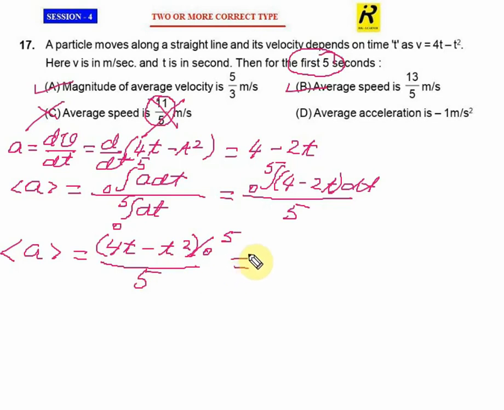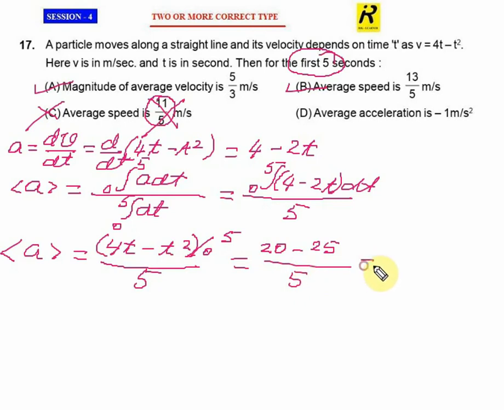Further, there is no need of bothering about the lower limit. There is only the upper limit that should be taken into consideration. When I put 5 for t, this will be 20 minus 25, divided by 5.